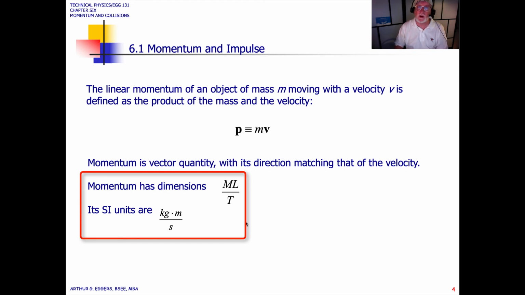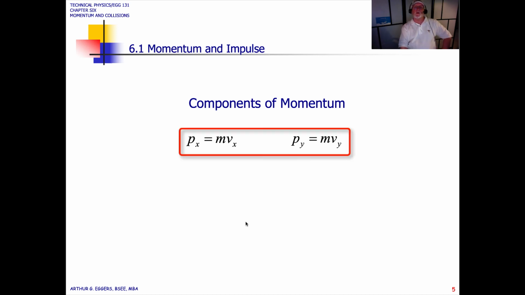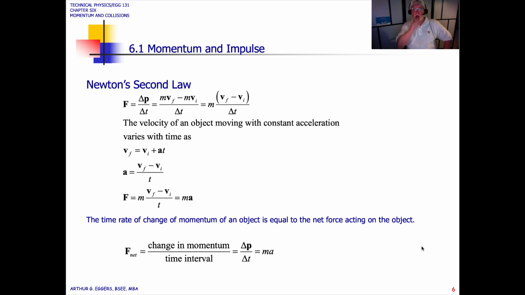Meter per second squared would be acceleration, okay? Mass times acceleration, we'll get to that. So components of momentum then, if we look at taking them apart, momentum in the x direction, momentum in the y direction. And we will treat them separately, especially when we get into collisions and glancing collisions.